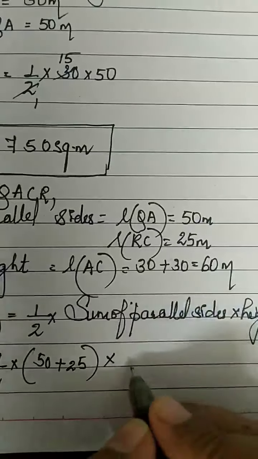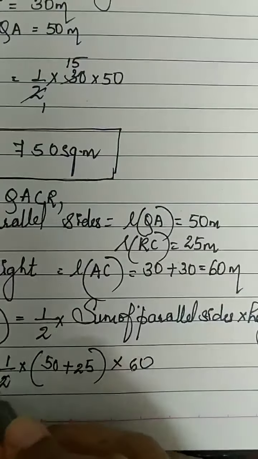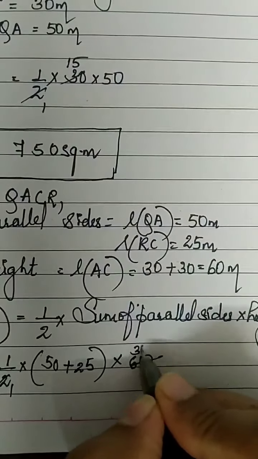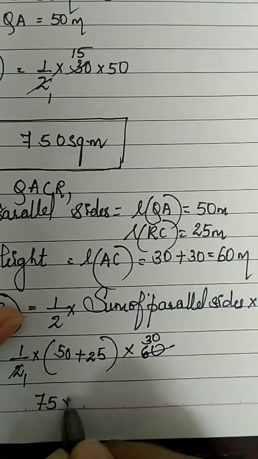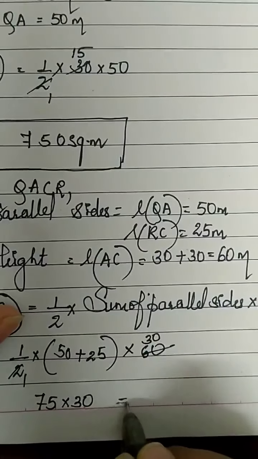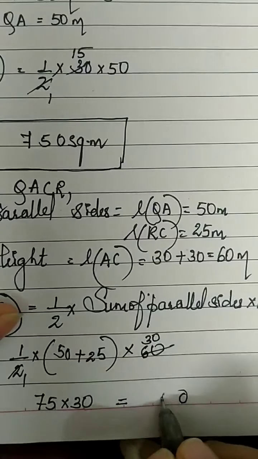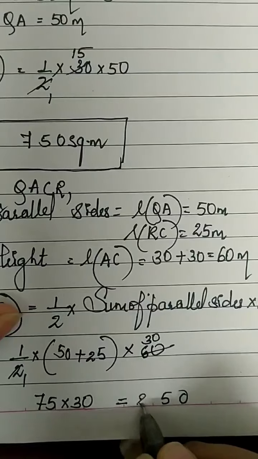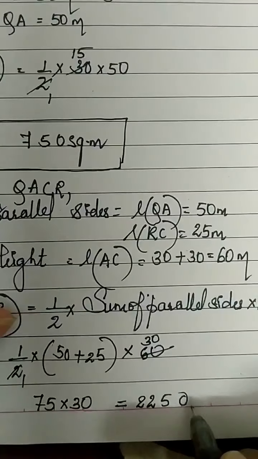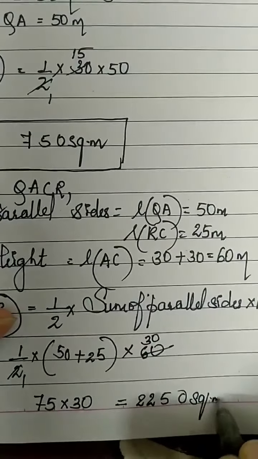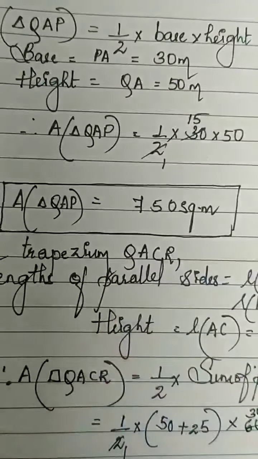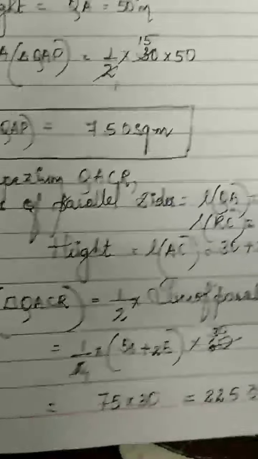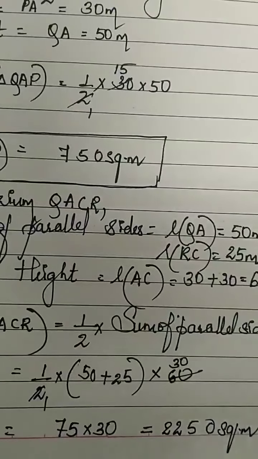Height is 60. So 2 ones are 2, and here I can cancel. 50 plus 25, we are getting 75 into 30, which is equal to 5 3s are 15, carry 1, 21, 22. 2250 square meter. Write down the answer and highlight it. Area of quadrilateral QACR is equal to 2250 square meter.